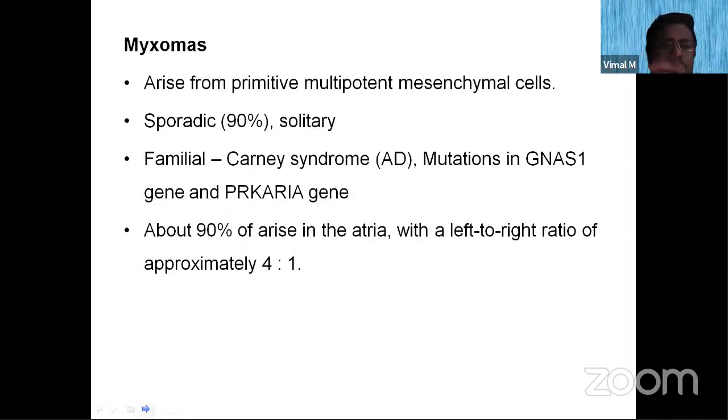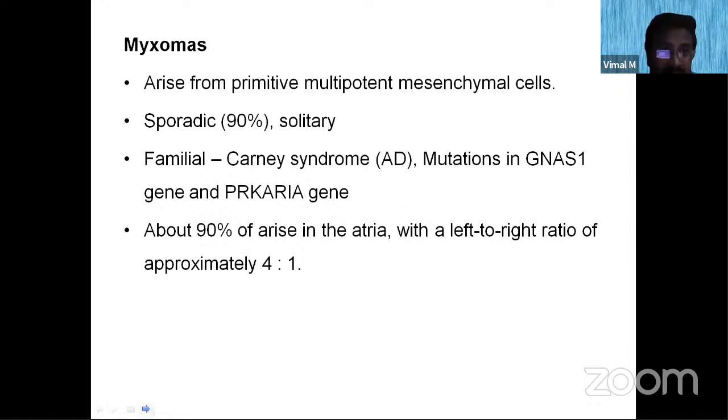90% of these myxomas are sporadic in nature, forming solitary lesions. The familial origin is associated with Carney syndrome, an autosomal dominant disorder, and these myxomas have mutations in the GNAS1 gene and PRKAR1A gene.